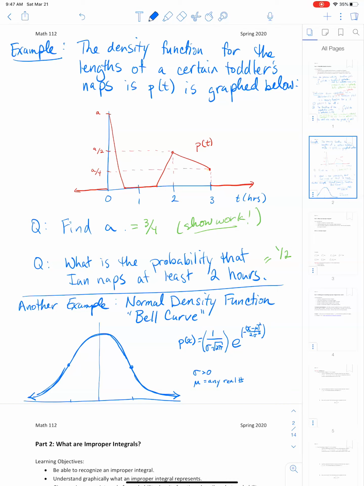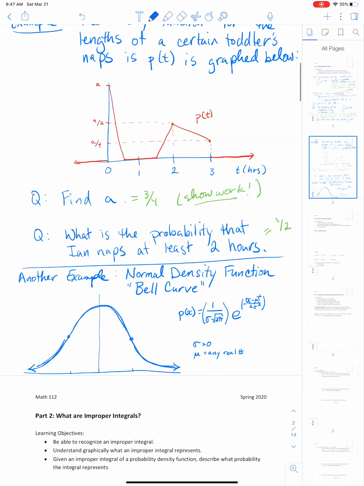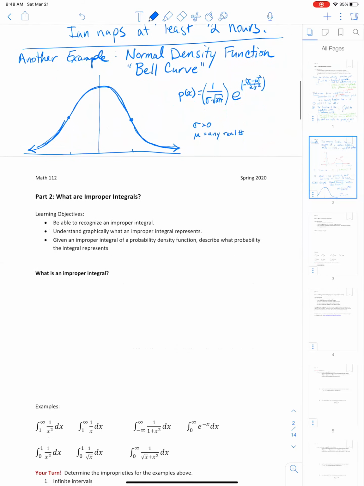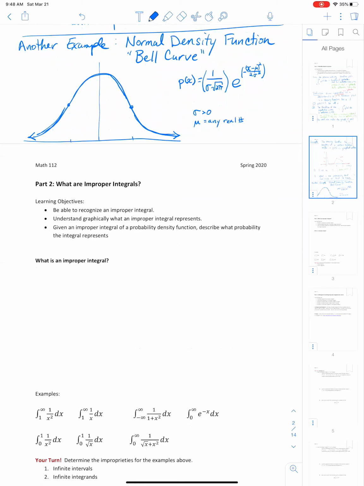But if we wanted to find a more complicated area, we would really need to compute an integral, and often we're interested in looking at integrals that extend infinitely far in one direction or another. So that is some additional motivation for considering what we'll be discussing in this section, general improper integrals.